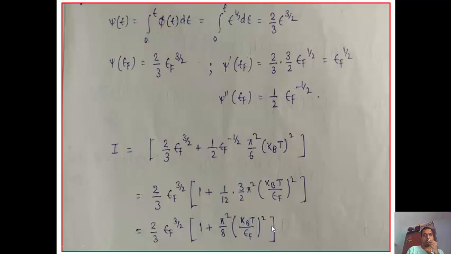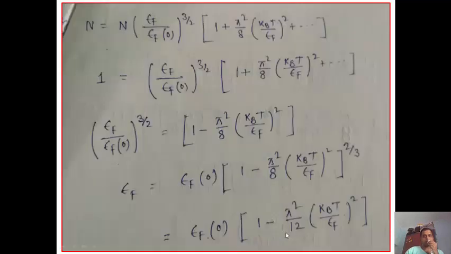So we can write psi(epsilon) equals integral from 0 to epsilon of phi(epsilon) d epsilon, from where we get 2/3 epsilon to the 3/2. The psi(epsilon f) equals 2/3 epsilon f to the power 3/2, psi prime (epsilon f) equals epsilon to the power half, and psi double prime. Putting all these values, we get I equals 2/3 epsilon to the power 3/2, 1 plus pi square by 8 (kBT by epsilon f) whole square.